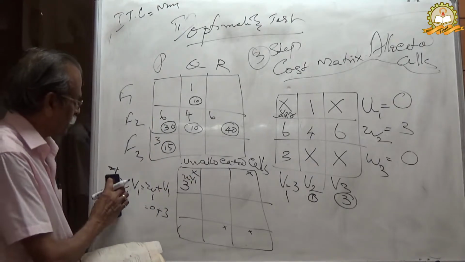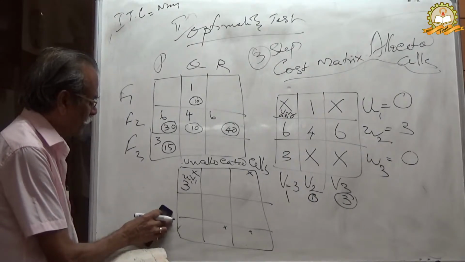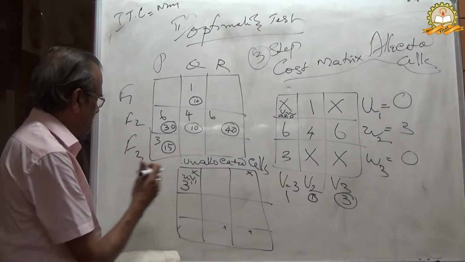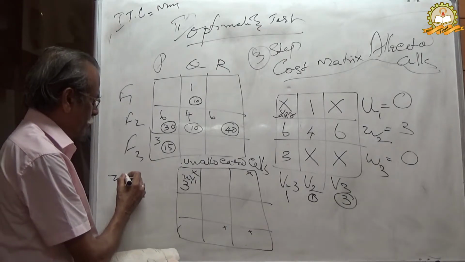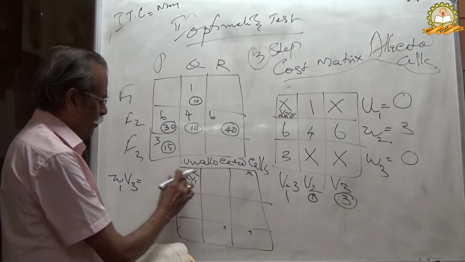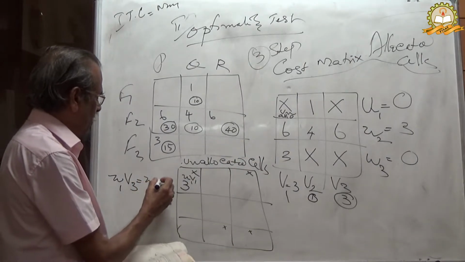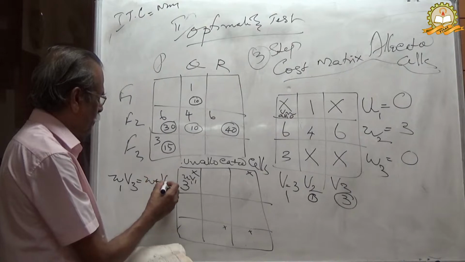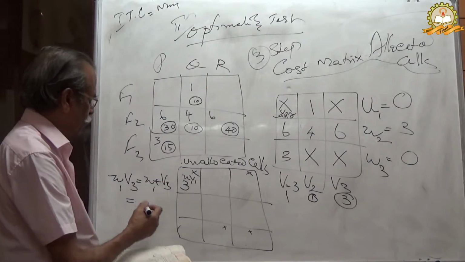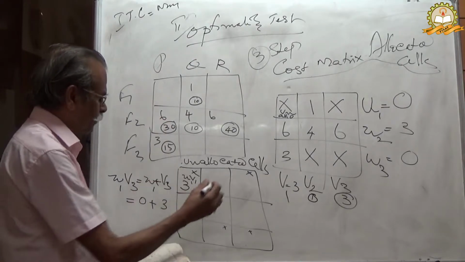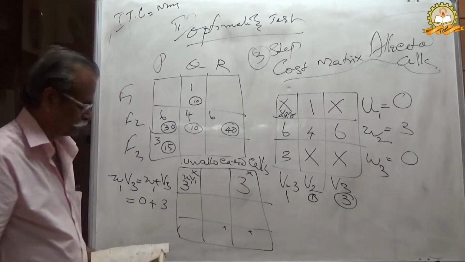Then consider this one, U1 V3, first row V3, that is equal to U1 plus V3. U1 equal to 0, V3 equal to 3. Therefore, this is equal to 3.